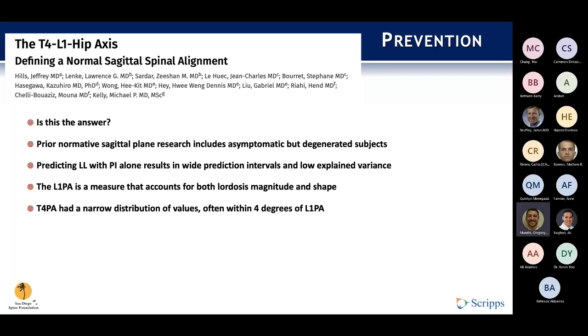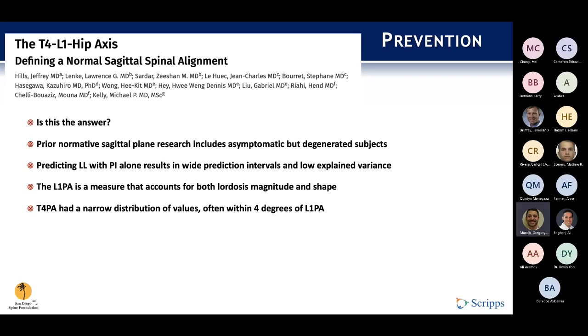So I'm an undercorrector, though. If you look at my failures, they're probably because I used to overdo it, and now I've swung my whole practice. Now I underdo it, but I underdo it for a reason, because if you look at the data, you have a little bit more margin on the undercorrection side than you have on the overcorrection side. So once you overcorrect, it is hard. It is hard.